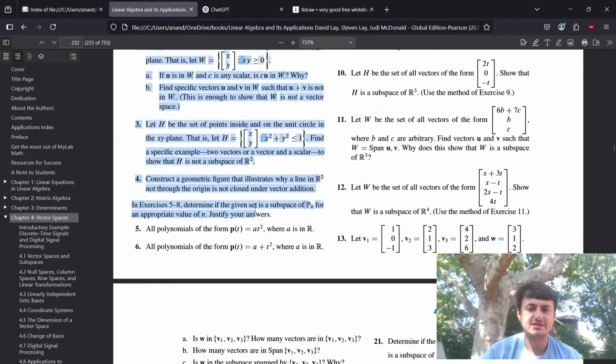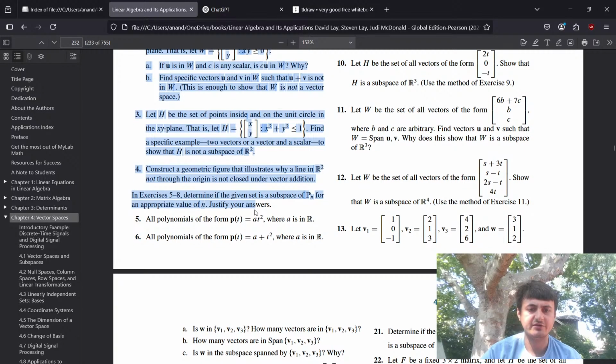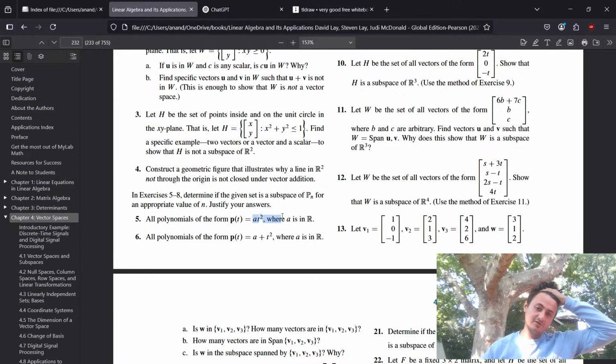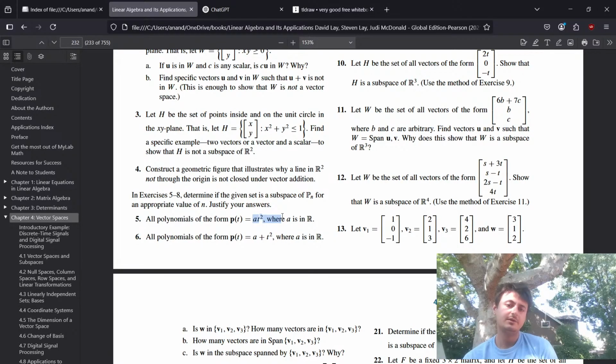Determine if the given set is a subspace of Pn for an appropriate value of n. Okay, so 0 is clearly in it. Let's say P of t equal to at squared is a subspace of P of n.